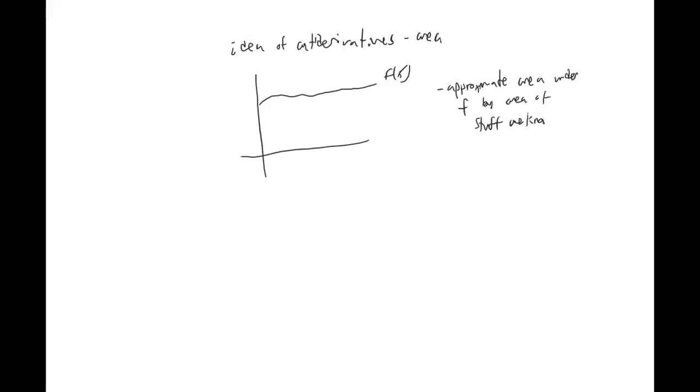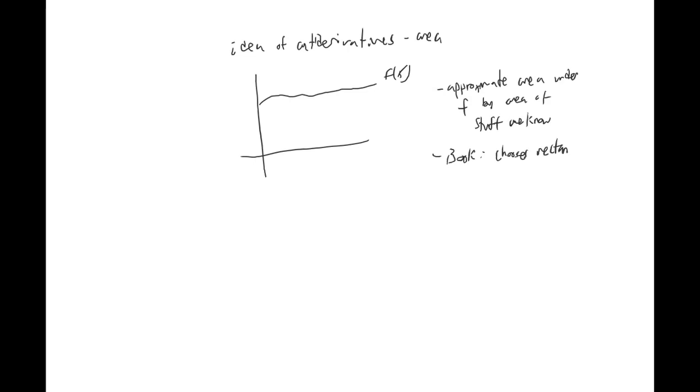And we don't know much. From geometry, you probably know the area of a rectangle, triangle, circles. The book chooses rectangles.